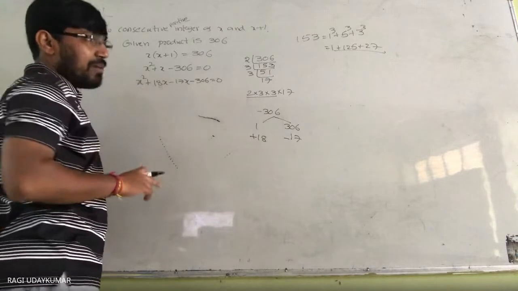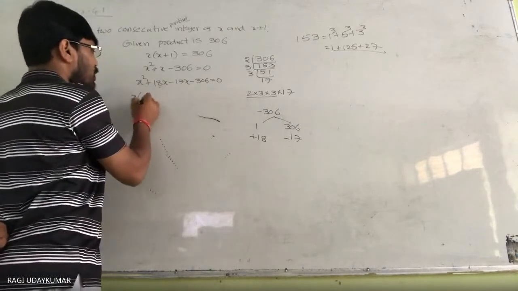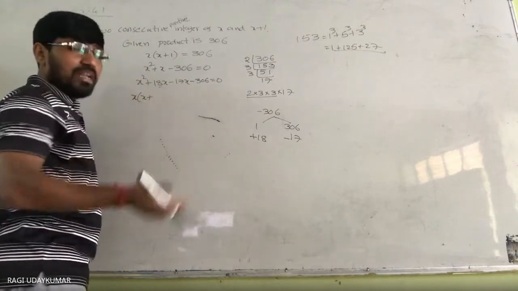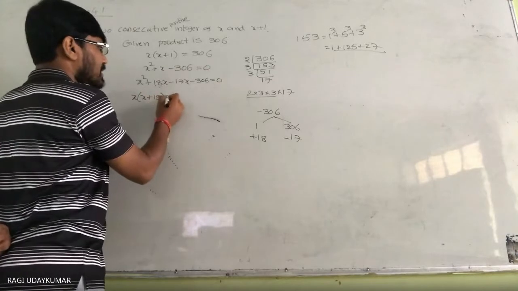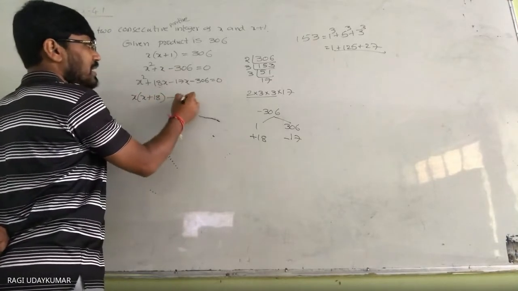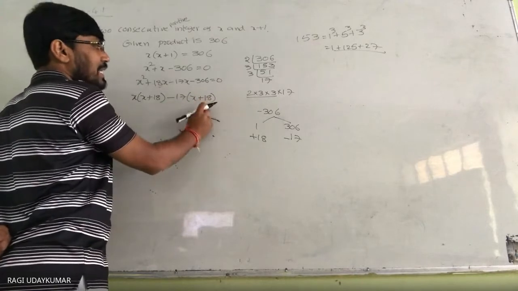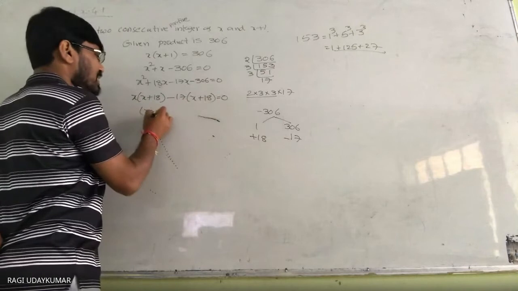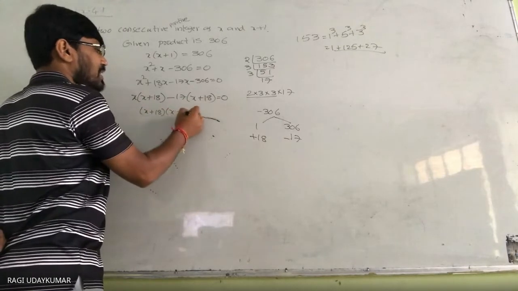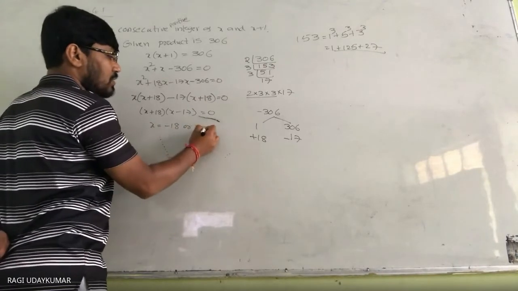There is a formula for the solution of a quadratic equation too, which we will discuss in the next class. x is taken common, 17 is taken common, so we get x plus 18 into x minus 17 equals 0.